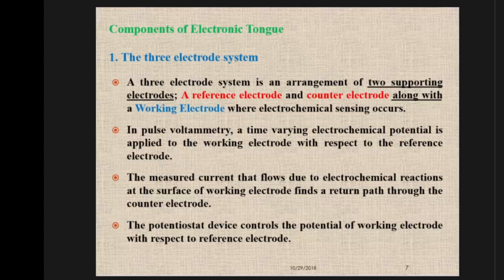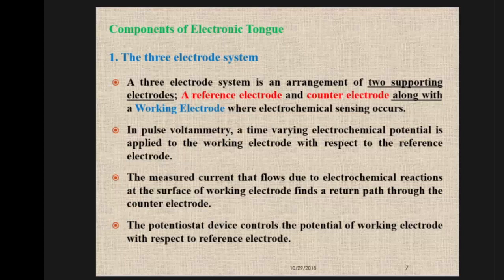The working electrode is the one where the actual electrochemical reactions occur, and there are two supporting electrodes, the reference electrode and the counter electrode. So that makes a three electrode system. But this is not an array. Whenever we use an array of working electrodes, it becomes what is known as the electronic tongue and array-based signal processing methodology.